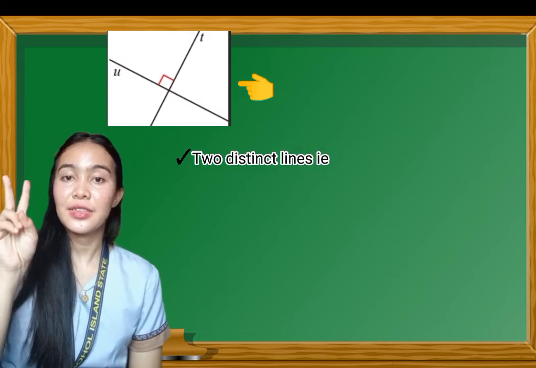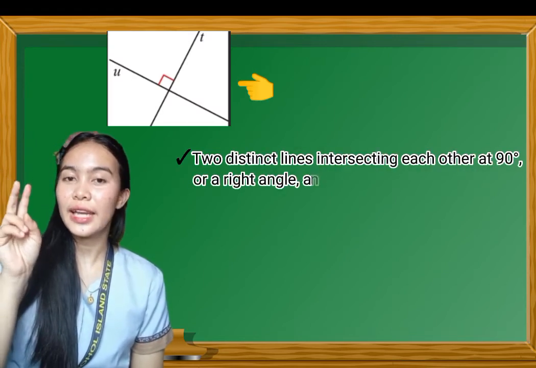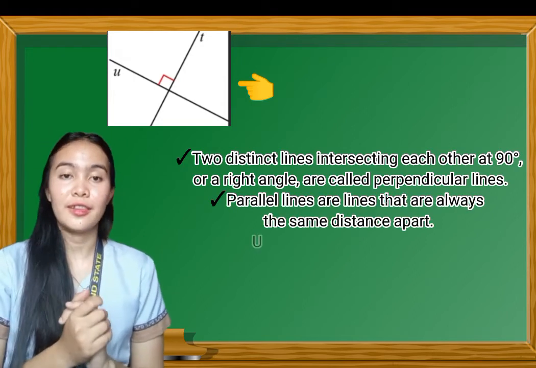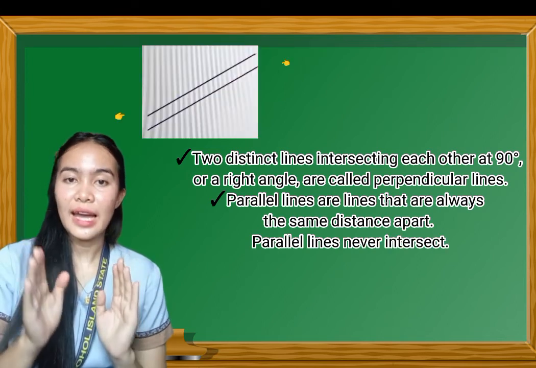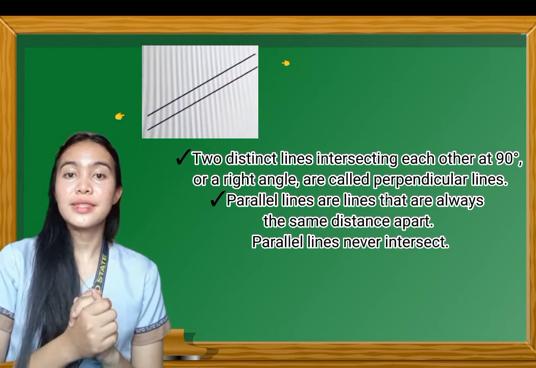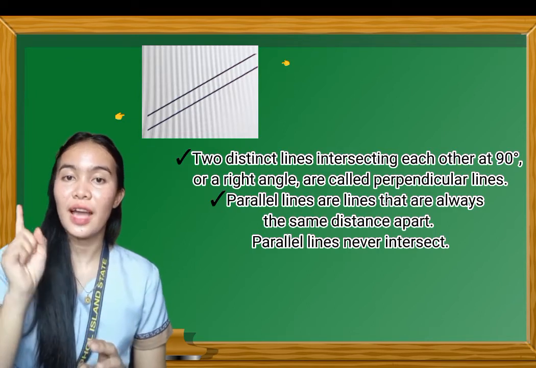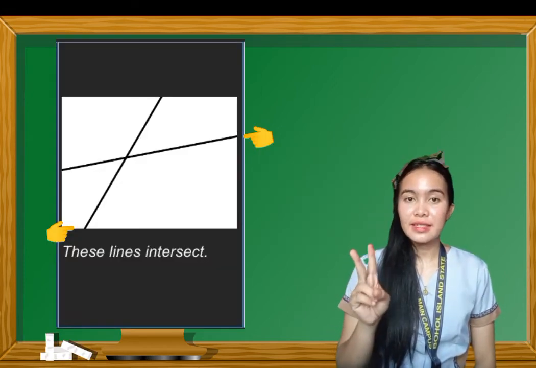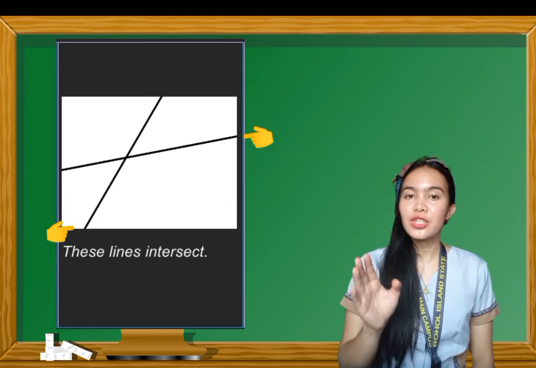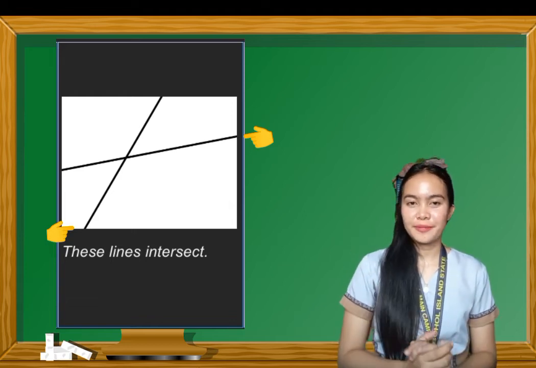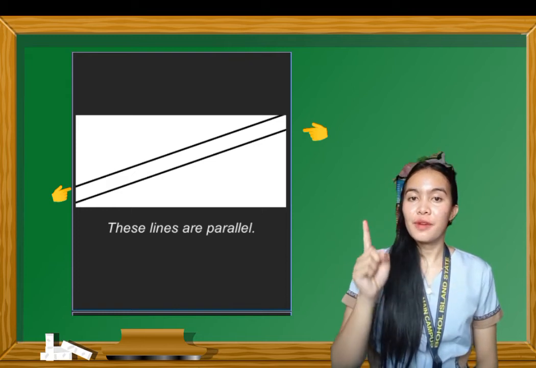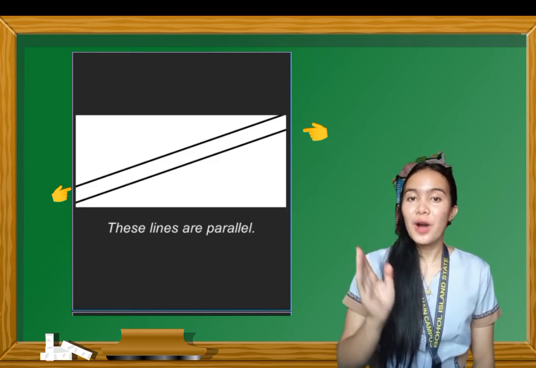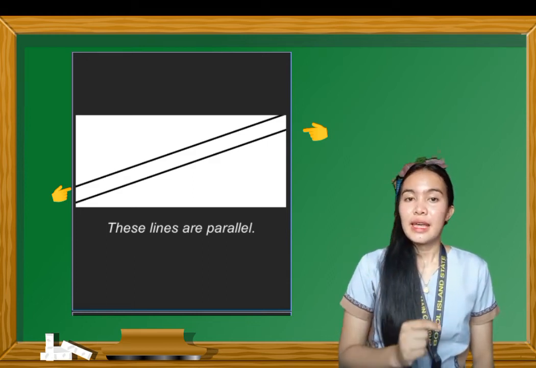Two distinct lines intersecting each other at 90 degrees or a right angle are called perpendicular lines. Parallel lines are lines that are always the same distance apart. Parallel lines never intersect. Two lines or two segments can either intersect or cross each other or be parallel. Also, think of parallel lines as never meeting each other, no matter how much you continue them in both directions.